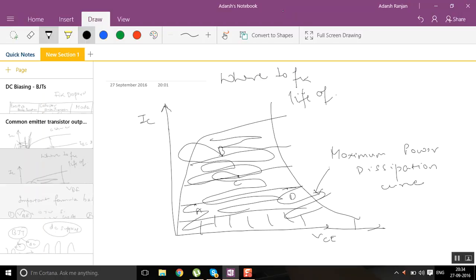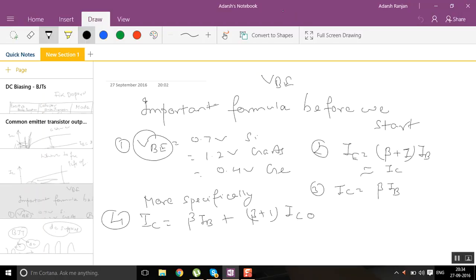And lastly, you need to have a look at these formulas here. These will be used in detail. See, VBE is equal to 0.7 volt in Si, 1.2 volt in gallium arsenide semiconductors and 0.4 volt in germanium semiconductors.